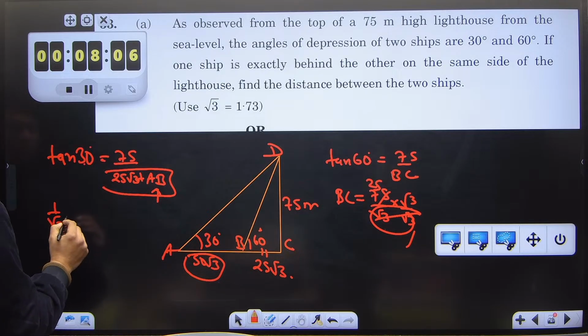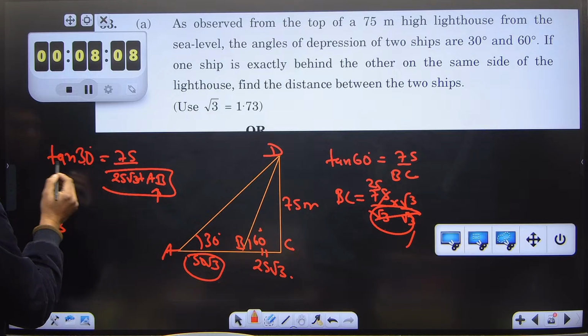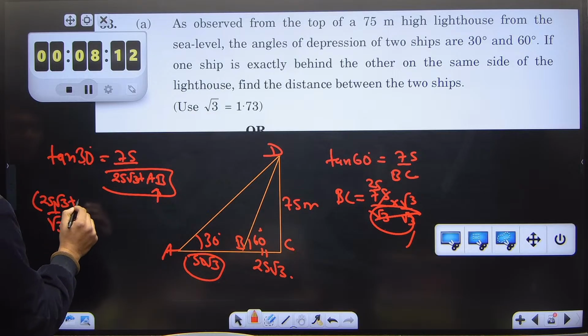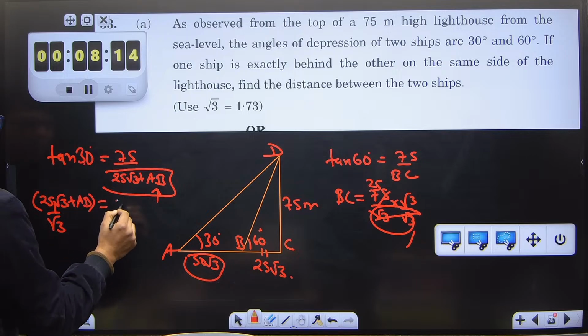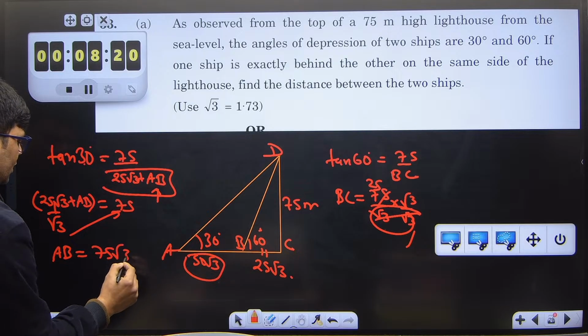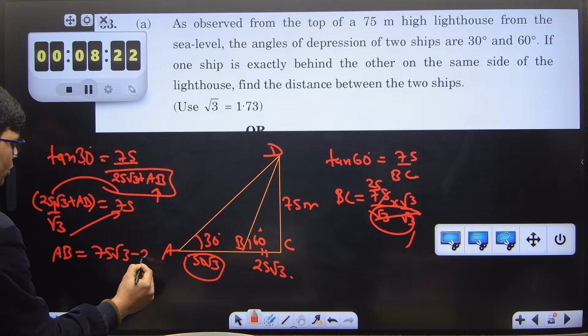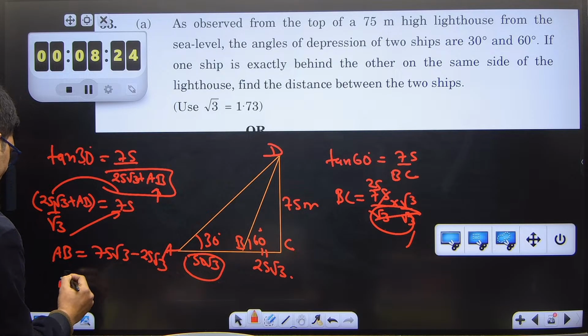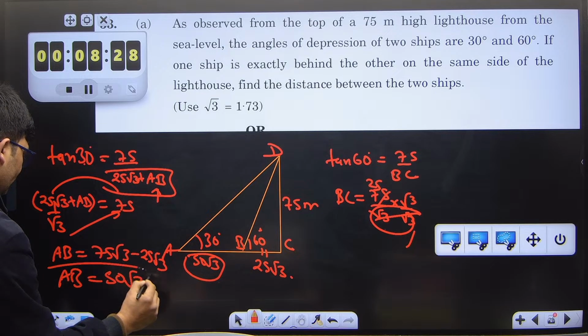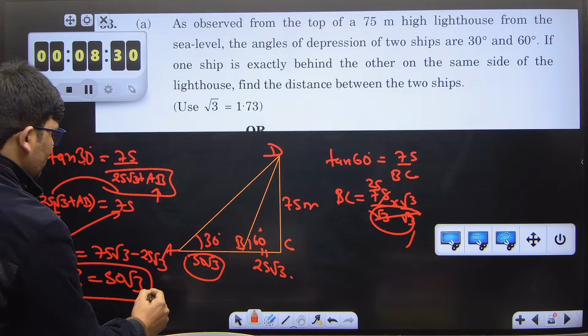So 1 by root 3 equals 75 upon 25 root 3 plus AB. So you can cross multiply. So AB is going to be 75 root 3 minus this 25 root 3 will go on the other side. So AB, the distance between two ships, is going to be 50 root 3, but this is not the final answer.